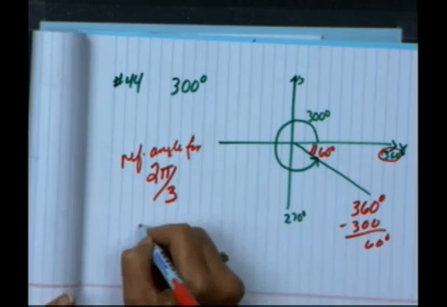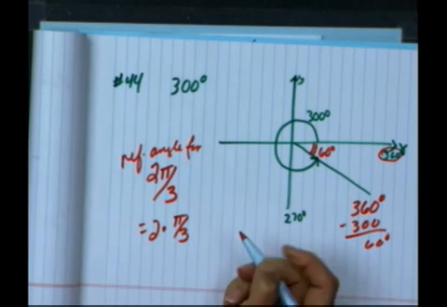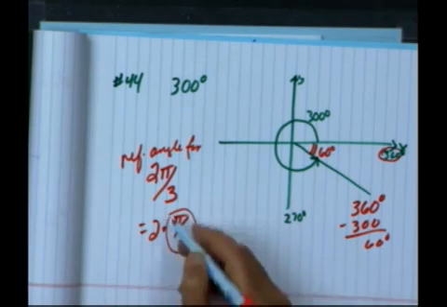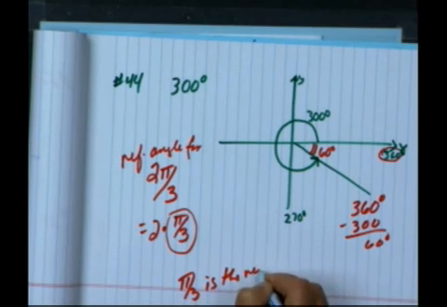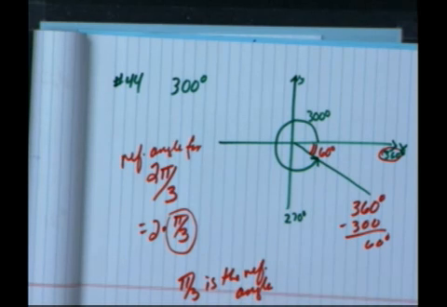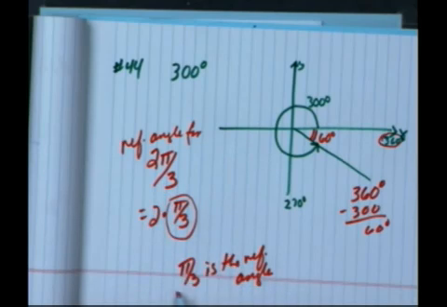For 2 pi over 3, this is the same thing as 2 times pi over 3. So pi over 3 is the reference angle. And what's the degree measure for pi over 3? 60 degrees. So this would be a 60 degree reference angle, or pi over 3.